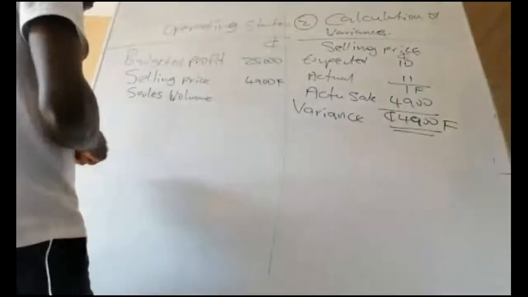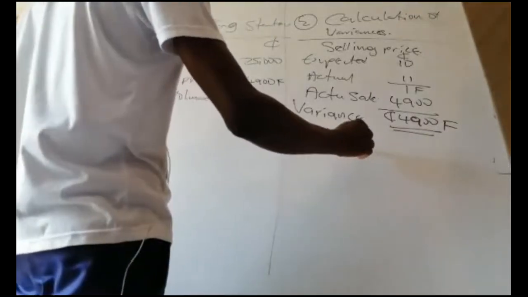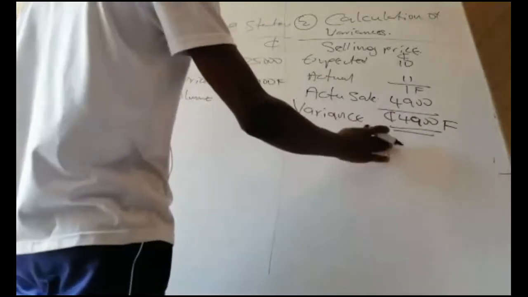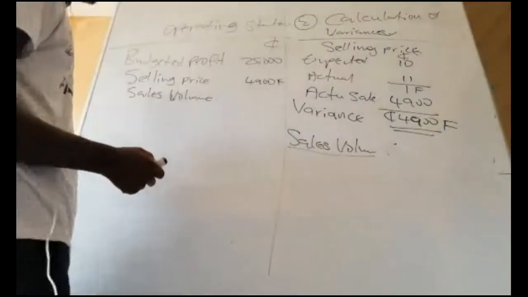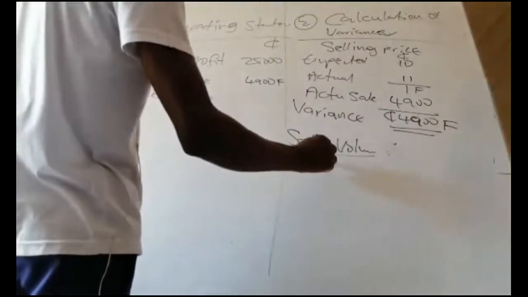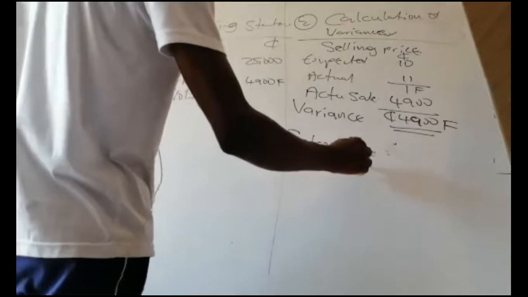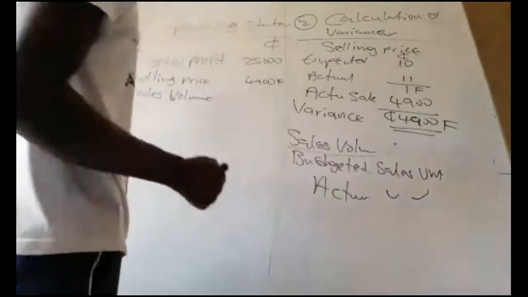Sales volume variance. Now the variance is there, so you can just write sales volume to save time. Sales volume will be the budgeted sales units versus actual sales units.